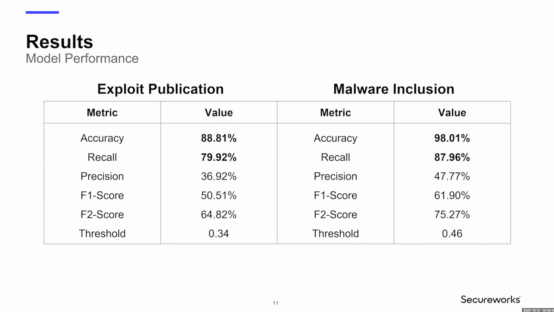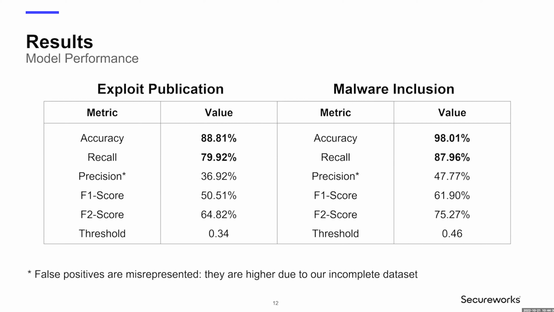So we do identify true attacks, but we have some false positives. And when we look at the prediction of CVEs that might appear in malware, the results are even better. We get 98% accuracy with close to 88% recall. So it does great. And again, the precision is lower, so we do get some false positives. We have the threshold as well.